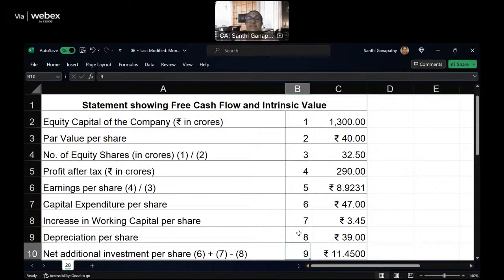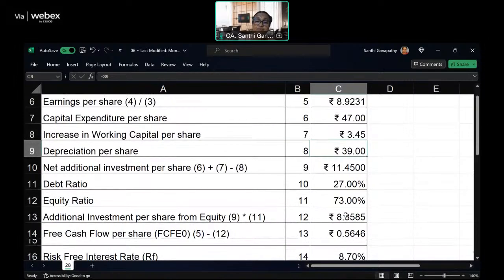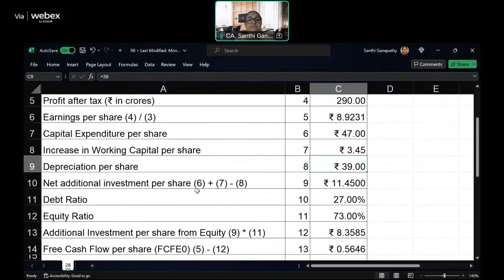So we know that for sustainable growth rate, there are certain conditions, there are certain assumptions. You do not want to disturb the capital structure. So debt ratio is given. If additional investment is 11.45, 27% should come from debt.